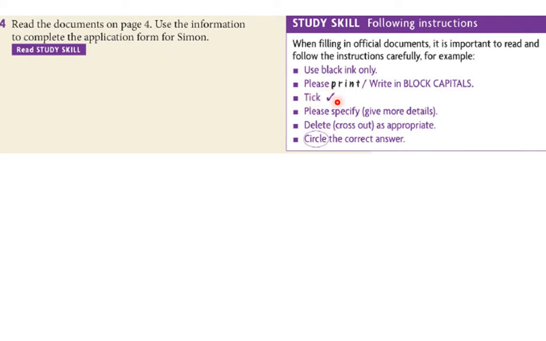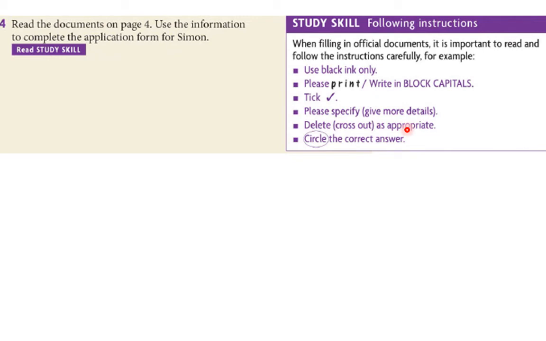Tick. When there are choices in the application, there are some methods to choose. One of them is using a tick on the chosen or selected option. Sometimes it says circle the correct answer, put a circle around the option, and sometimes delete or cross out as appropriate.